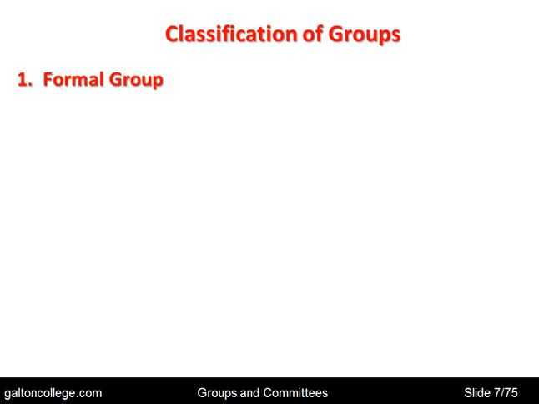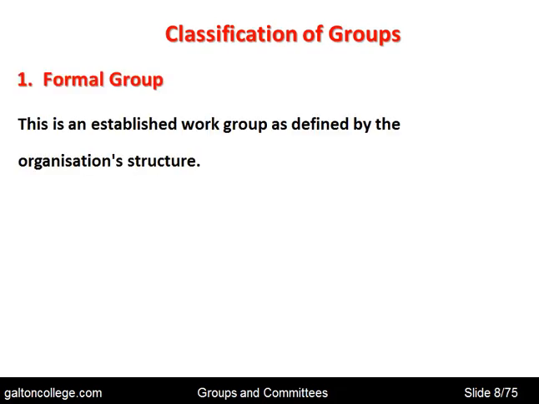Now the classification of groups, well, formal groups for a start. This is an established work group as defined by the organization's structure. So within a company we may find formal groups. These are established by the requirements of the job, the requirements of the organization, and these are formal groups.